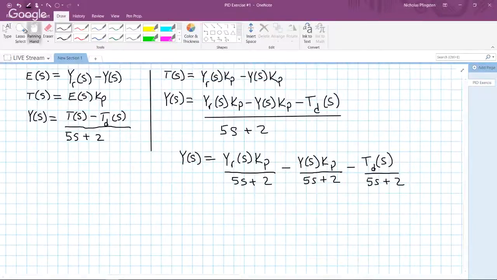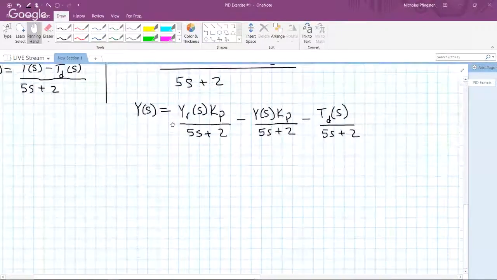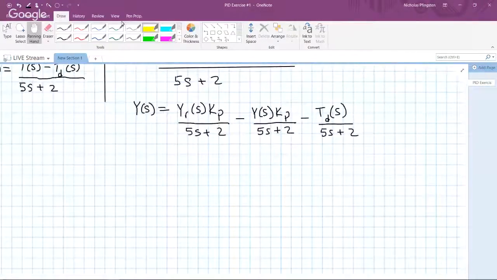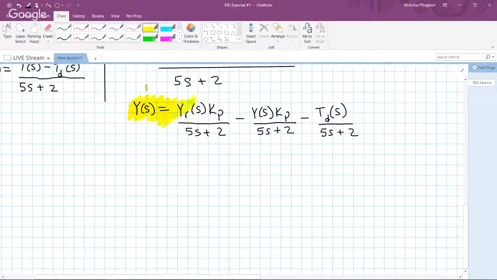So the next thing we're going to do, and by the way, let's stop right here for a moment. This is a good nugget right here, this entire piece, because this is everything in the block diagram. Everything we're considering.